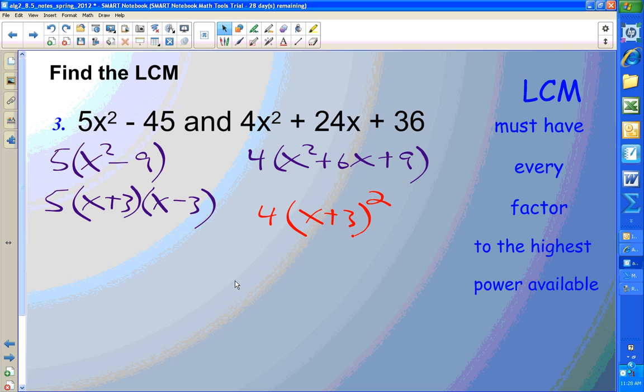So here's the first question. I'm going to take this 4 and rewrite it as 2 squared. It doesn't matter in this problem, but just to help you for the future, you're better off writing it as 2 squared if you have trouble finding the LCD or the LCM for constants.